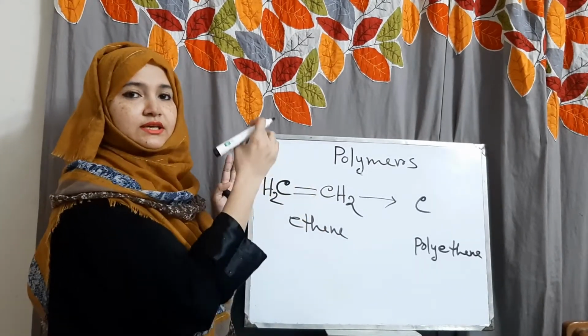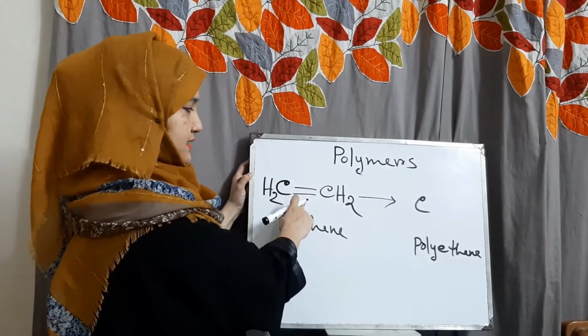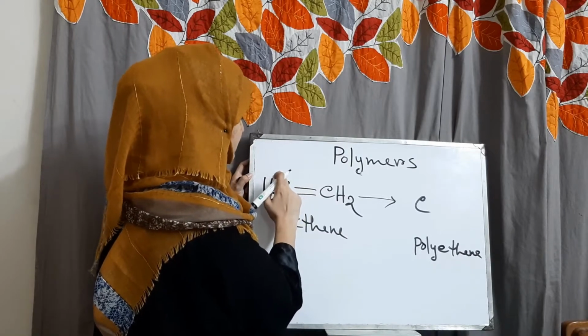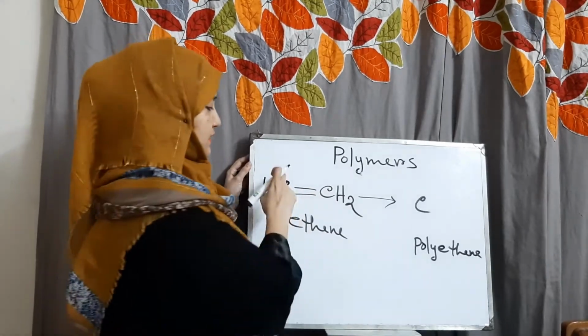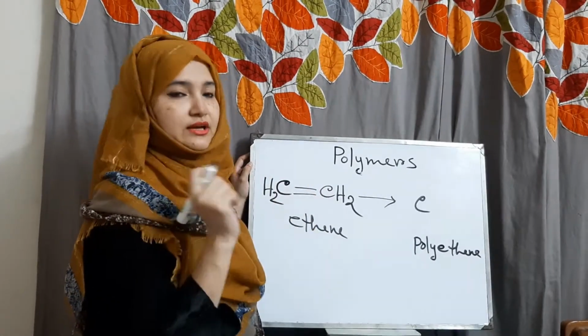At first, the catalyst attacks the double bond, and this double bond breaks, and a free hand arises on each carbon atom. On each carbon atom, a free hand arises.